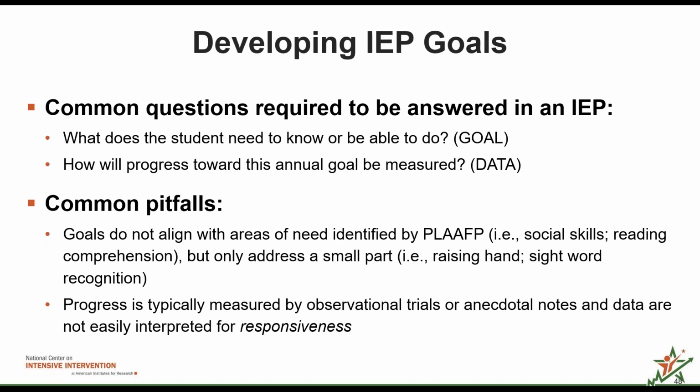But yet their IEP goal is actually focused on whether or not they're going to raise their hand in class. Raising hand behavior is not going to help the social skills deficit that that person has, right? And so we want to make sure that as we're developing goals, they are meaningful to what we are identifying through data as the need.